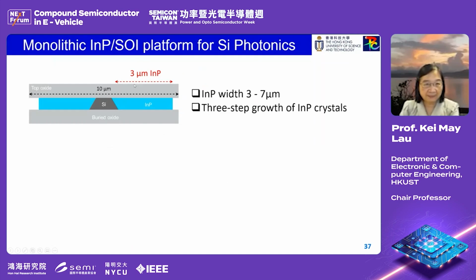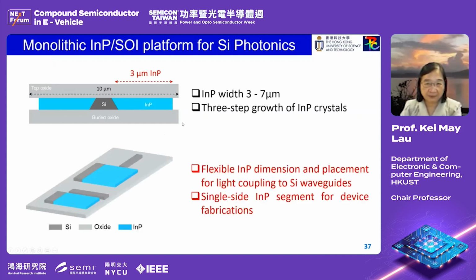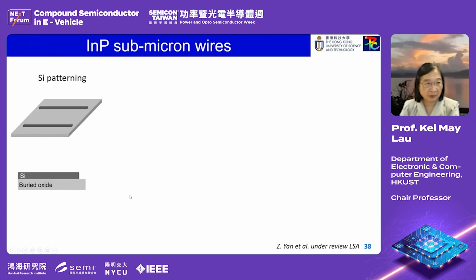This is the concept: we do the undercut etching, and then we try to increase the size from a few microns, first half a micron, to 7 micron. We want flexible indium phosphide dimensions so that we can integrate it with waveguides and so on.